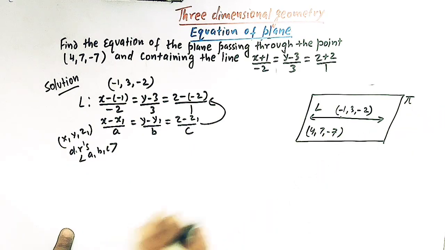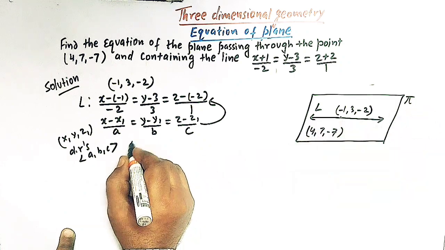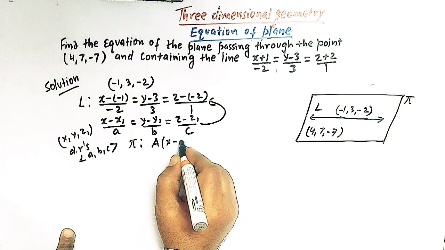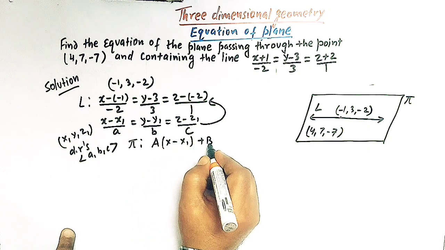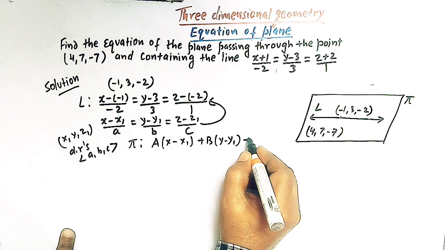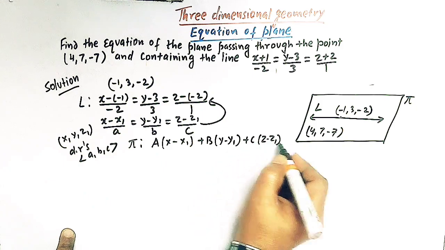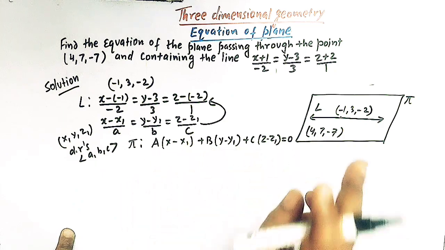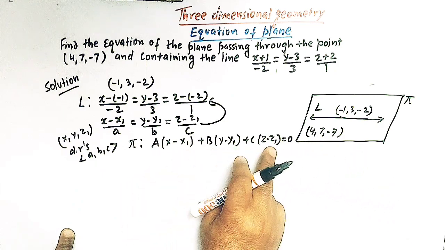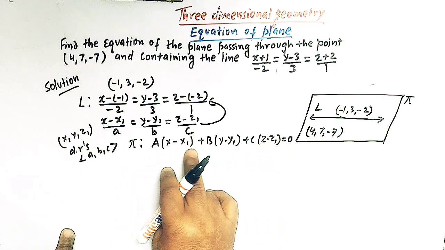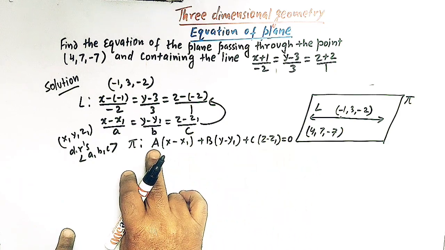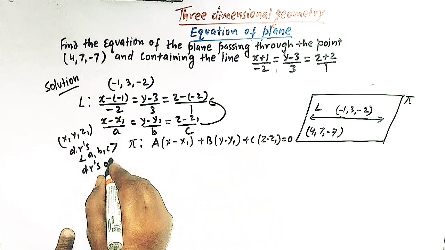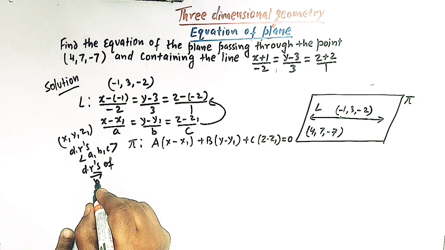So now we can easily write the equation of the plane pi like this, that is A times x minus x1 plus B times y minus y1 plus C times z minus z1 is equal to 0. So the equation of any plane which passes through a point x1 y1 z1 can be written like this, where capital A, B, and C are the direction ratios of the normal vector, say n.